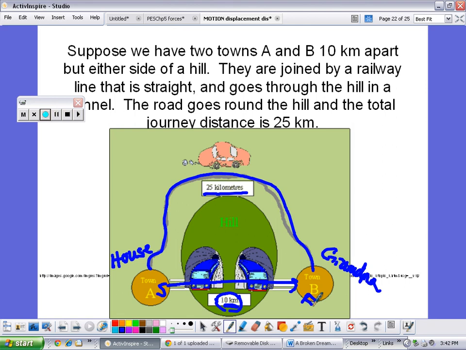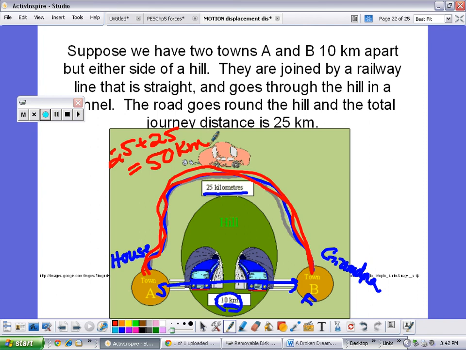Now this time, if I went to grandma's house and took the road, and I visited and I came back to my house, what is my distance? Well, you have to think about, I went there and back, so it's 25 plus 25. So my distance is 50 kilometers. But what is my displacement?